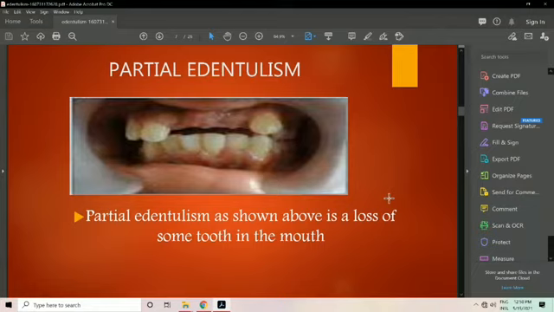When these teeth are missing, there will be great loss to the patient in the aesthetic zone. So partial edentulism, as shown above, is a loss of some teeth in the mouth. It deals with anterior or posterior teeth being missing. So a partially edentulous patient has single or multiple teeth missing, but a few teeth remaining intraorally. The causes may be different for this condition.